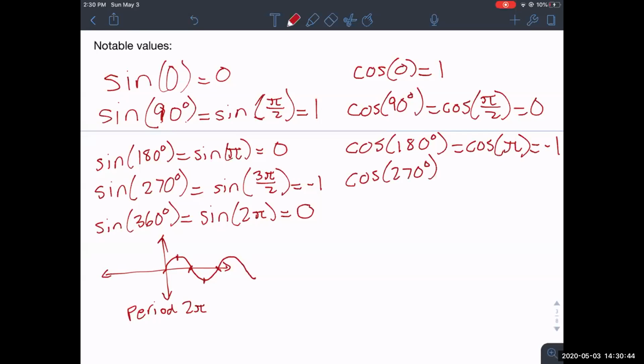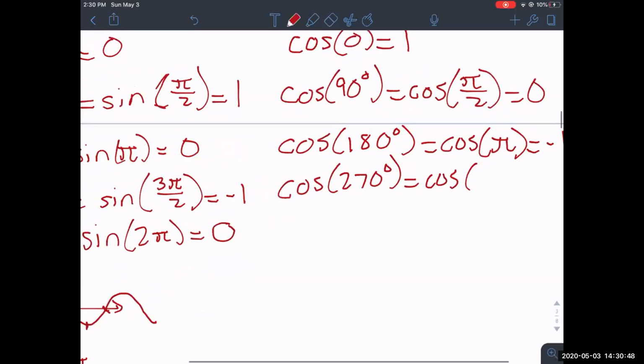Cosine of 270 degrees, or 3 pi over 2, is equal to 0.